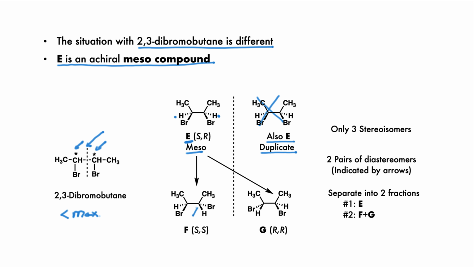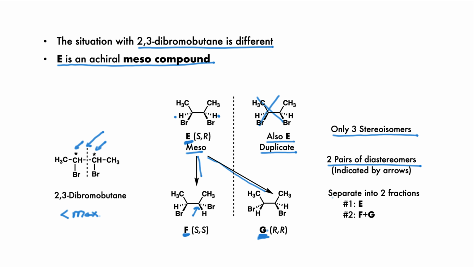We take E and switch only the second chirality center to get F. Then we draw the mirror image of F, which is its enantiomer G. In this case, we have 3 and not 4 stereoisomers. We have E and the pair of enantiomers F and G. There are 2 pairs of diastereomers, E and F, and E and G.